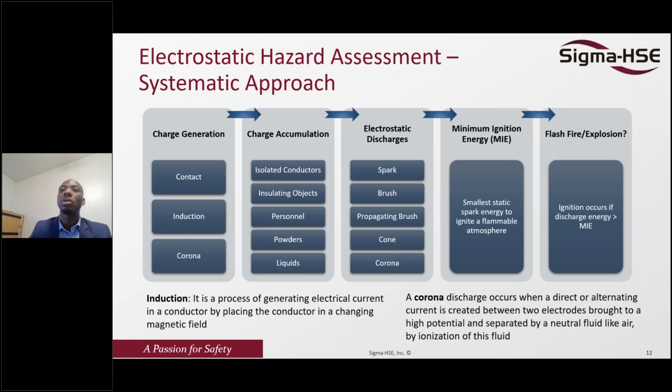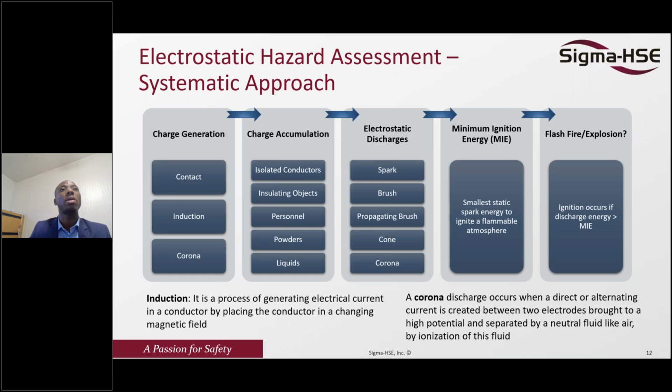So if the minimum ignition energy of, say, starch is 30 kilojoules, and I have a starch cloud and the energy is 20, automatically it's not going to ignite. That's something we need to understand.